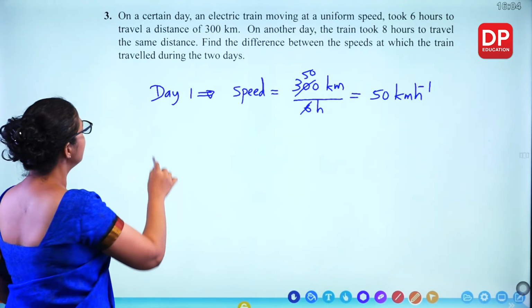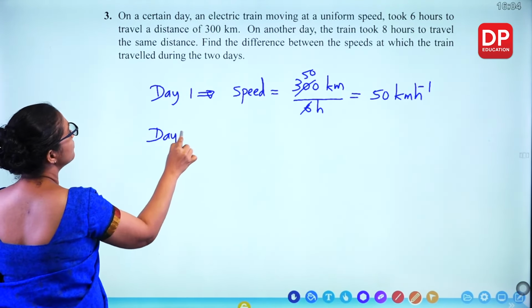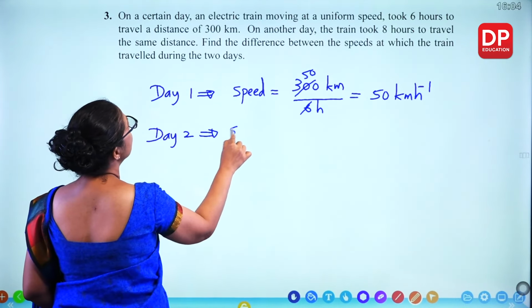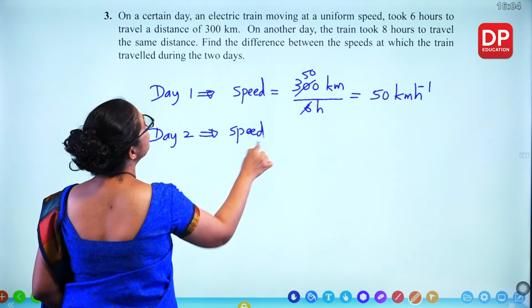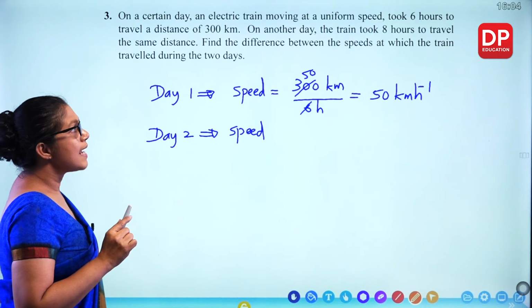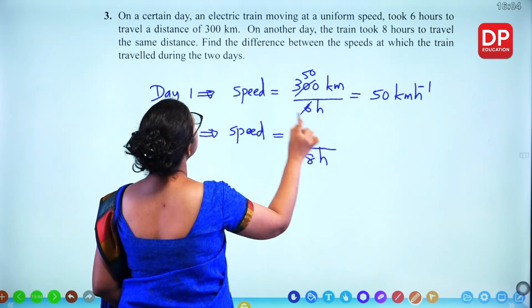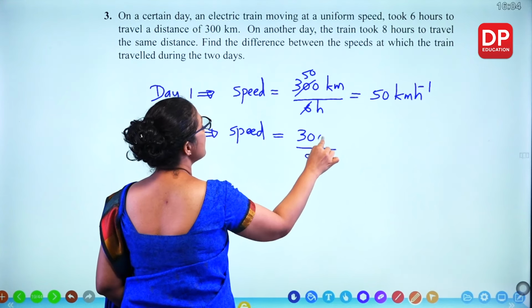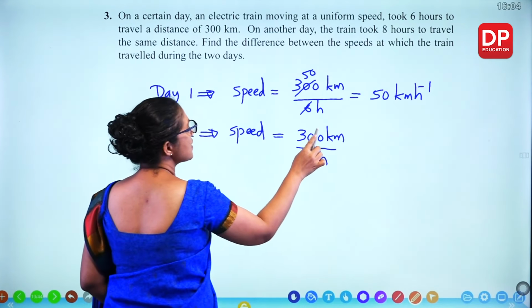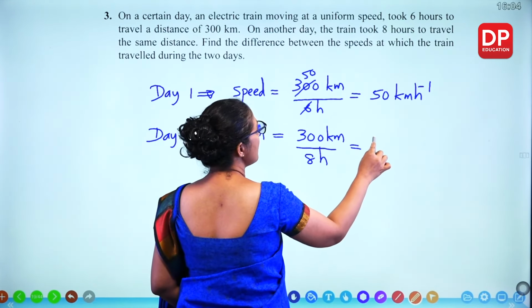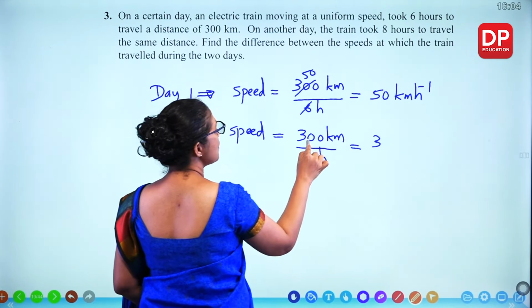The next day, day 2, what's the speed? The train took 8 hours for the same distance. So distance is 300 kilometers. So what's the value? 8 times 3, 24, 60, 8 times 7, 56.